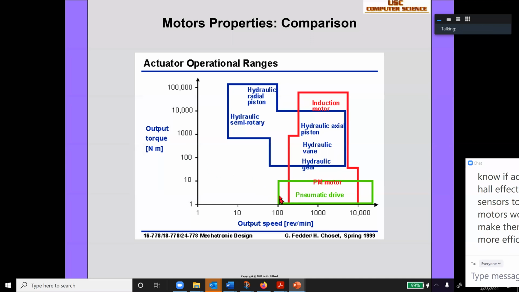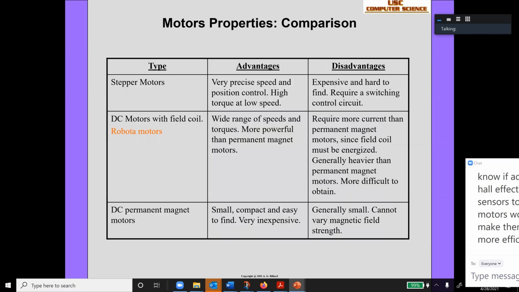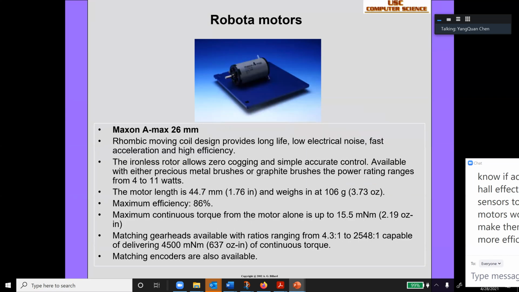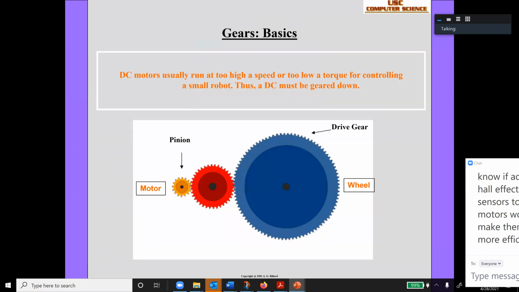If you need very high torque at medium speed, then you should go to hydraulic. That's why hydraulic has huge torque. We have dedicated hydraulic and pneumatic slides to introduce this in detail, but we don't have time to do that.